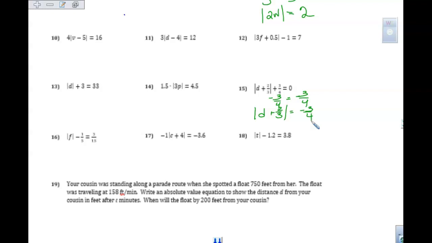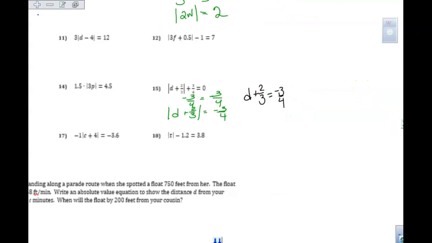So once we have our absolute value isolated, we want to split it. There's a positive and negative case, right? Should there be 2 solutions for this one? We aren't going to say anything, so let's split it. One possible solution, and I'm going to do my work over here, is that d plus 2/3 equals exactly what I had here, which was negative 3/4.